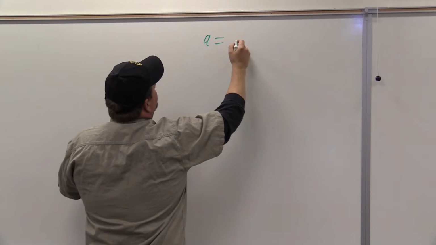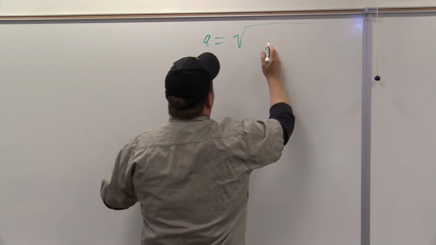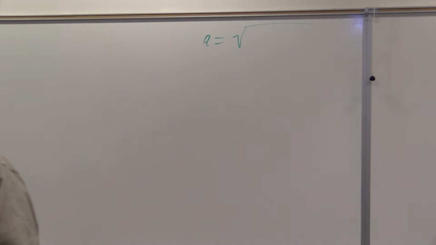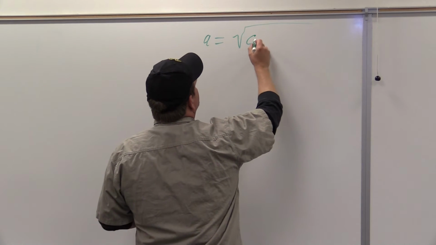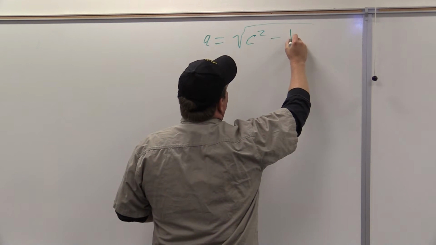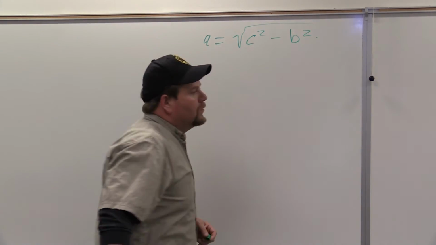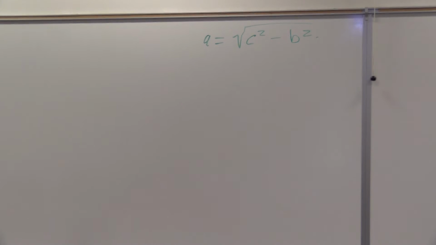So A is equal to the square root of C squared minus B squared. Okay? So in this situation, it tells you that this is 0.5.